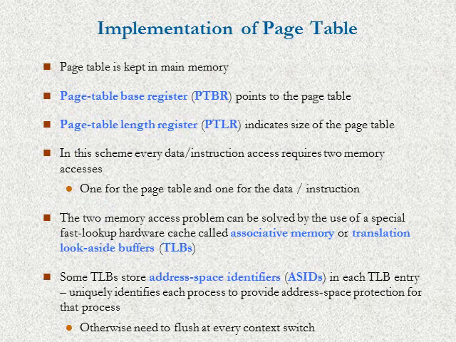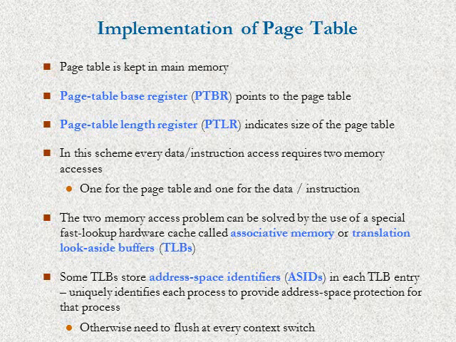As we discussed earlier, each process is associated with a page table, and these page tables are stored in main memory. For each process, the page table contains the page numbers and their mapping onto the particular frames present in main memory.